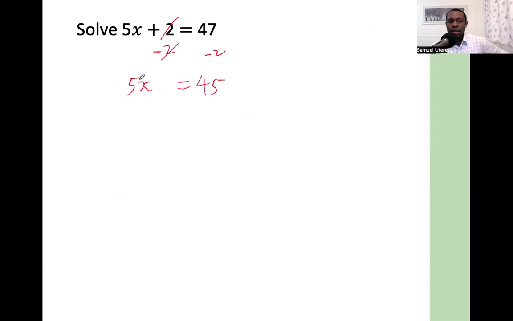Now, the inverse of 5 multiplying x, because we know 5x means 5 times x, is to divide by 5. Now, to keep things balanced, you have to do it to the other side. That gives us x equal to 9. So that is the abstract way of thinking about it. But let's look at the bar model.